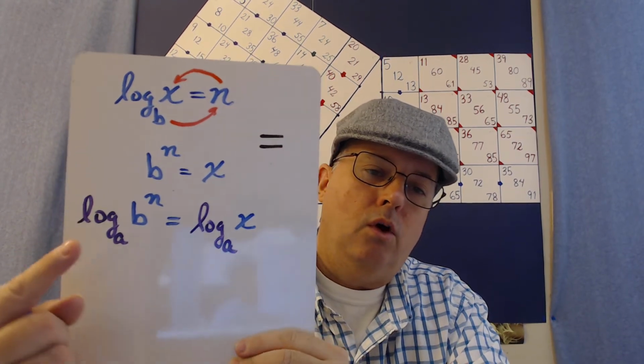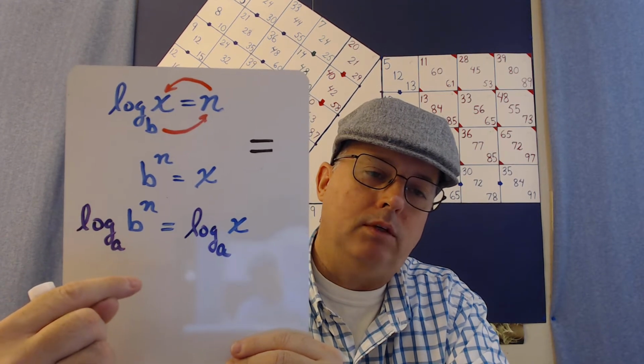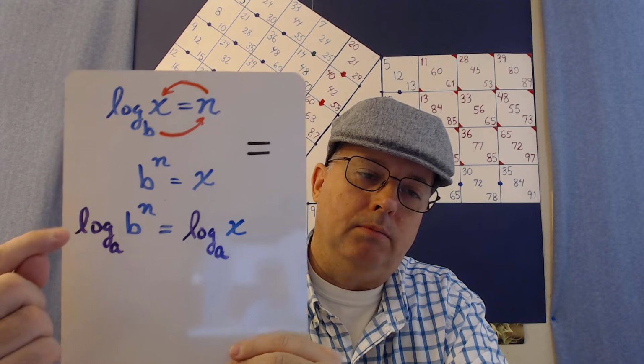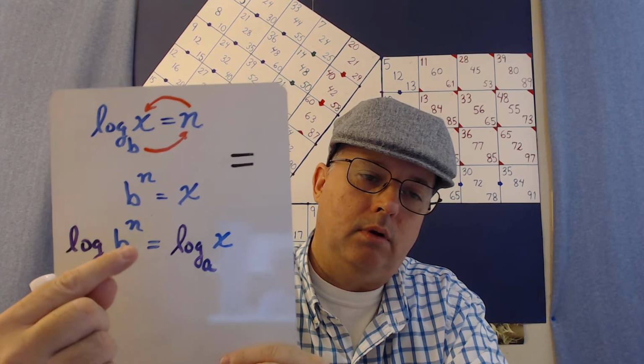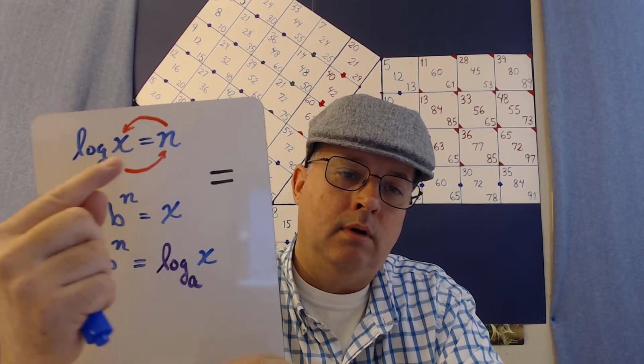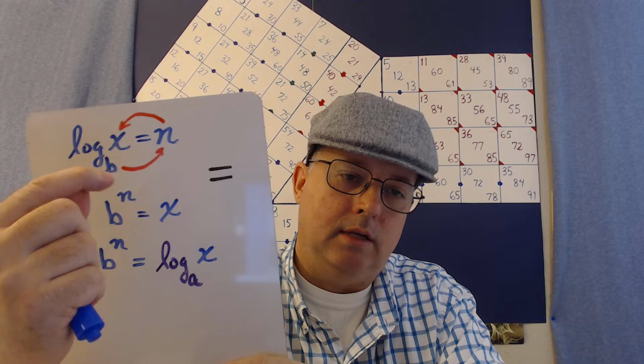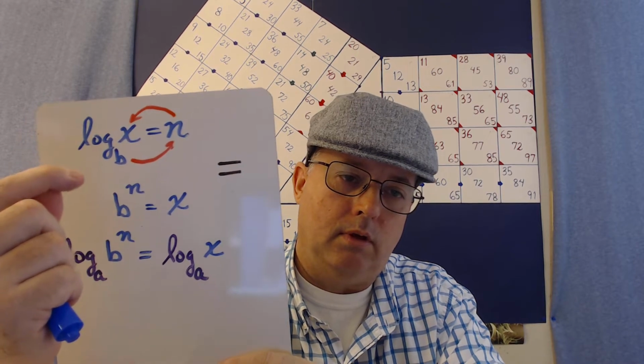And now we have a power. Remember, the logarithm is asking, what's the power? So the logarithm is an exponent. See, the n is an exponent. And right here, the log base b of x is an exponent.